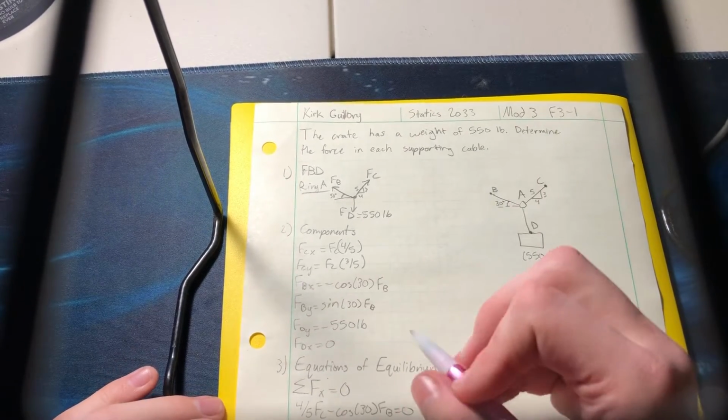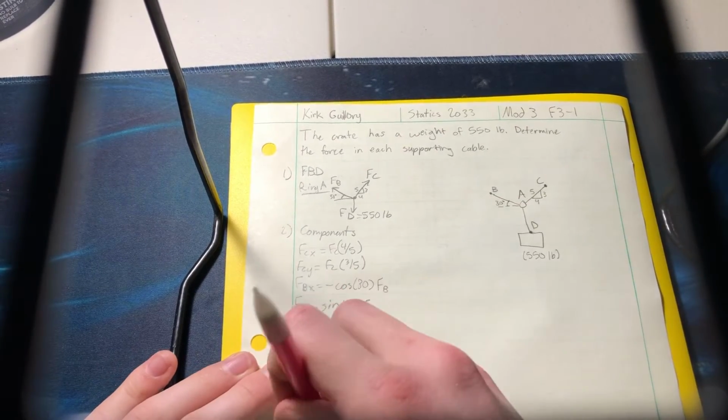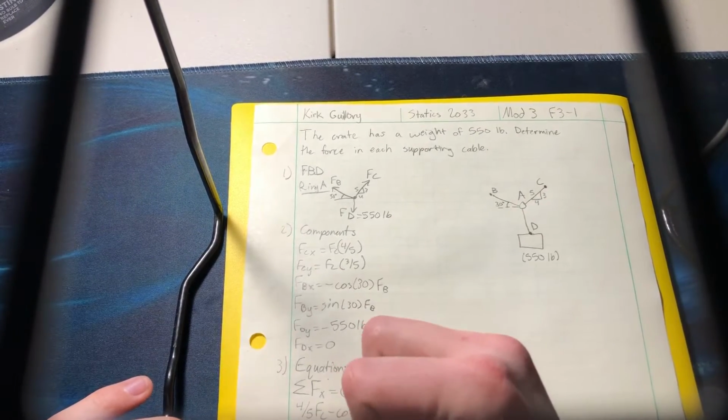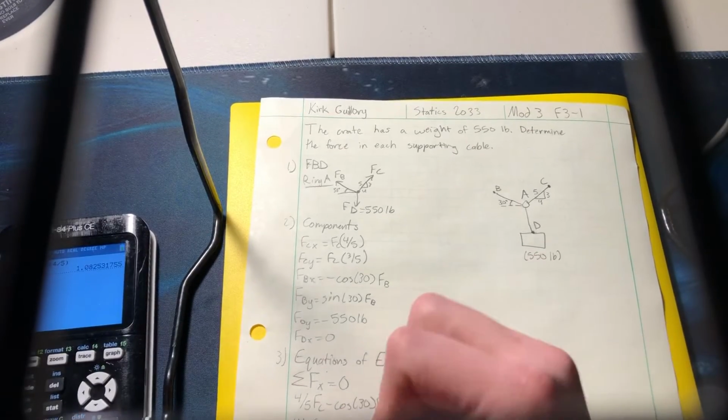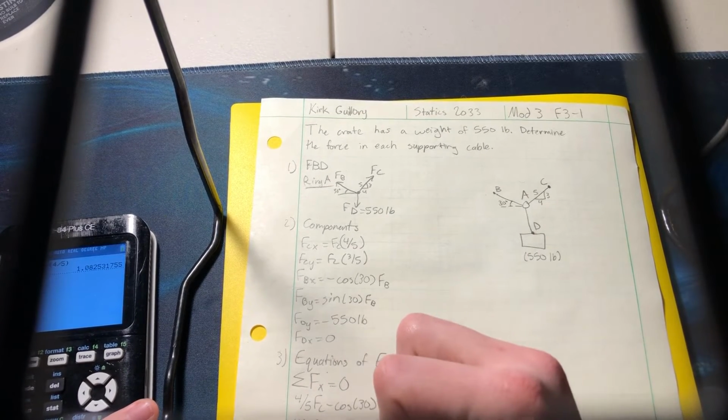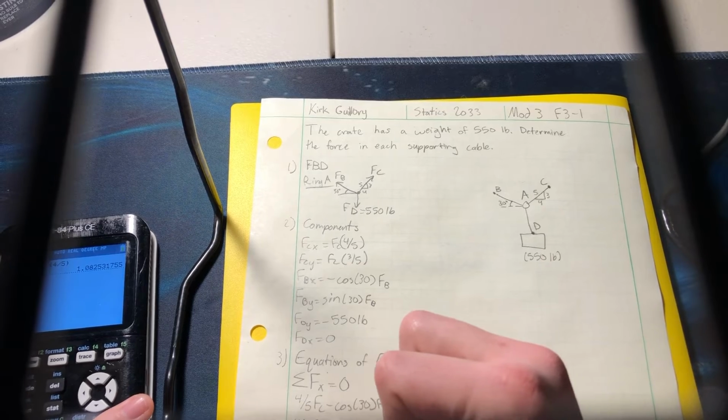From there we can determine that FC equals 1.083 FB.